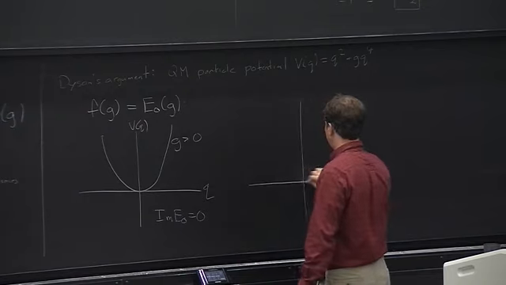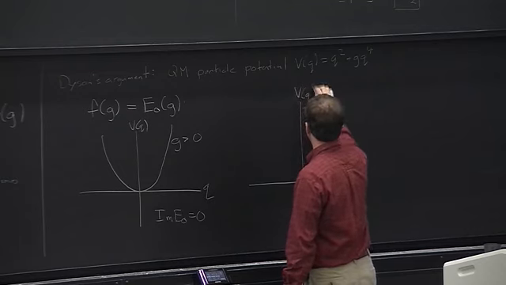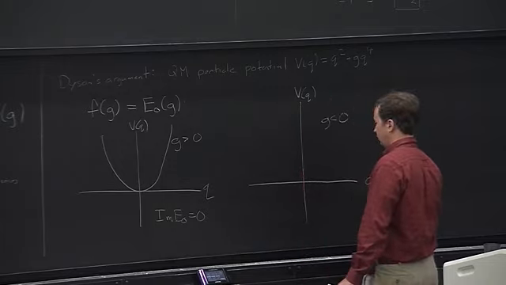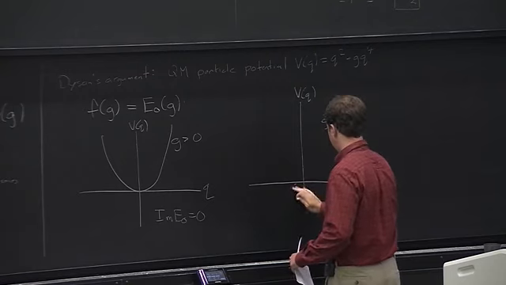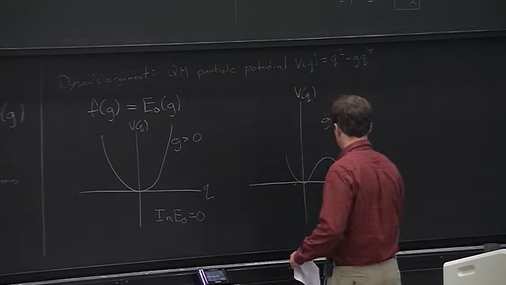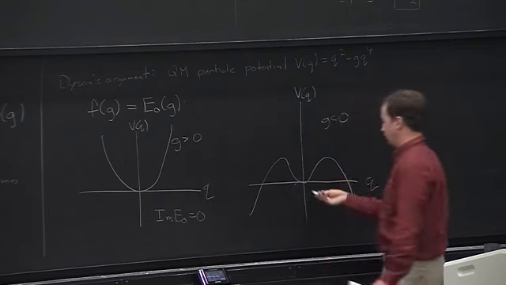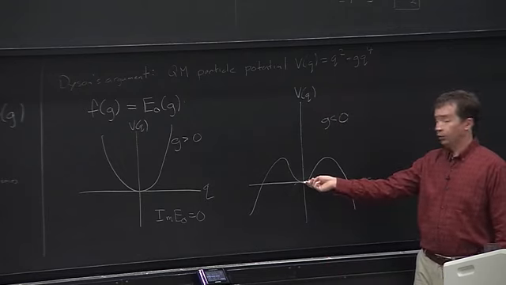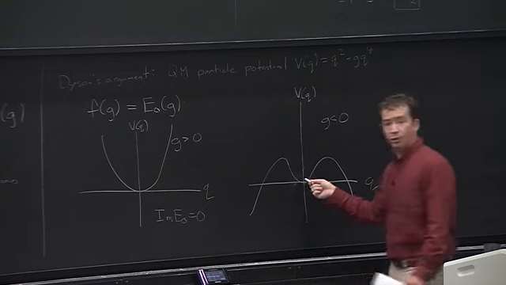On the other hand, if we just change our parameter g from positive to negative, the potential looks something like this. And the minimum at the origin goes from being a global minimum to just a local minimum.